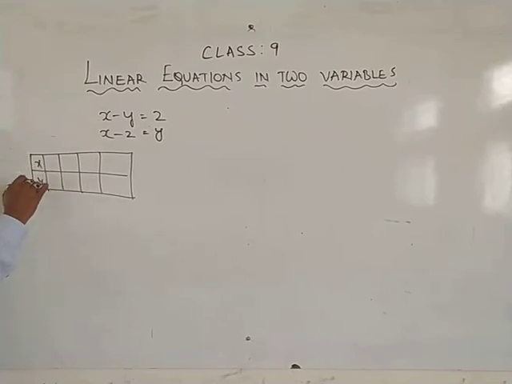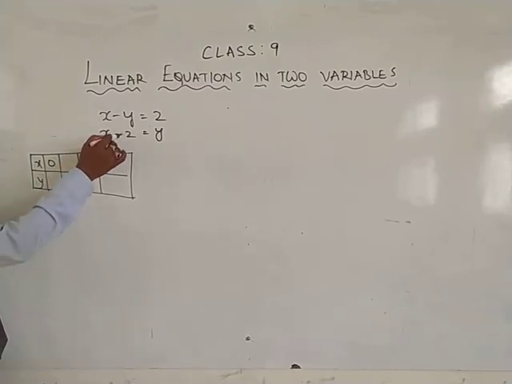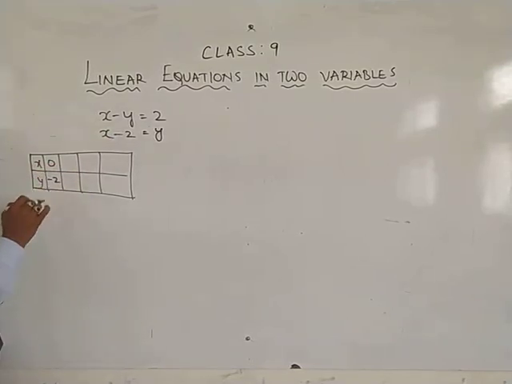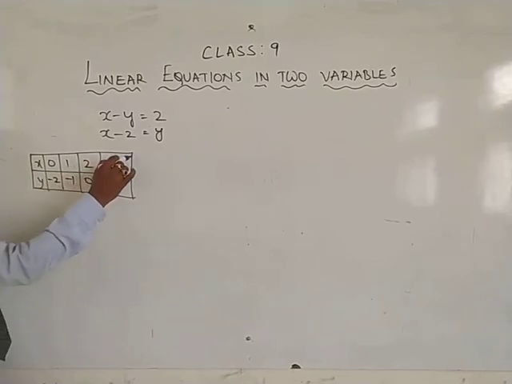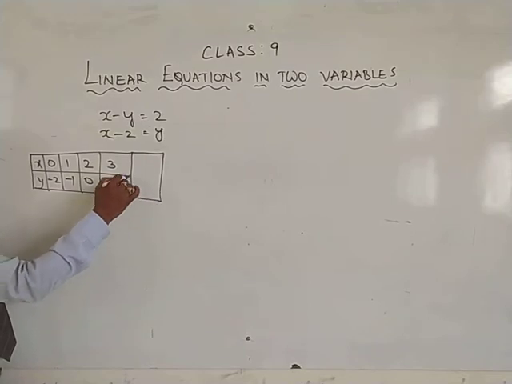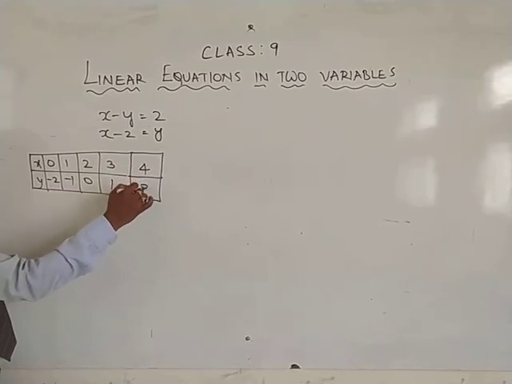Now x, y. For example, x equal to 0. Take small numbers always. X equal to 0 means y will be equal to minus 2. If you take x equal to 1, minus 1. If you take x equal to 2, 0. 3 means 1. If you want only positive, you can take 4.